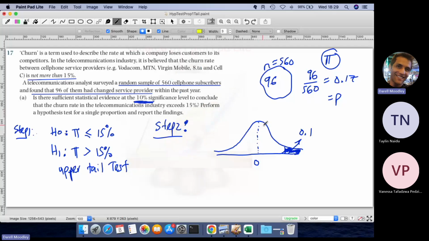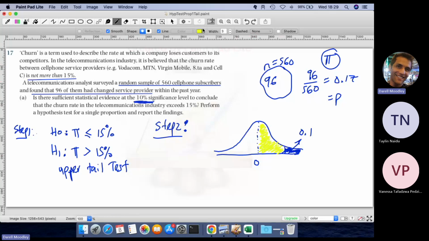Your textbook will only be able to help you if you give it this area that I'm shading in yellow. We can easily work it out. Remember what we said earlier, half of this area is 50%. Everything on the right of 0 is 50%. Everything on the left of 0 is 50%.